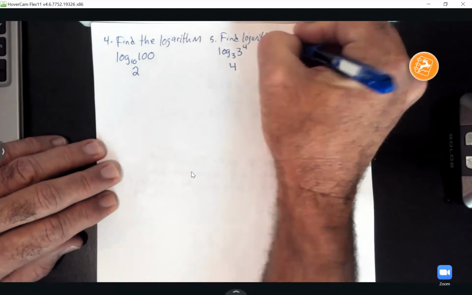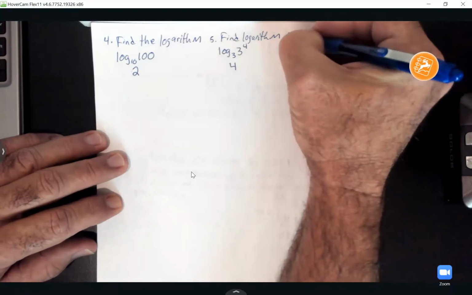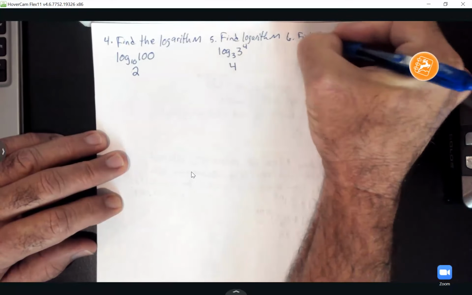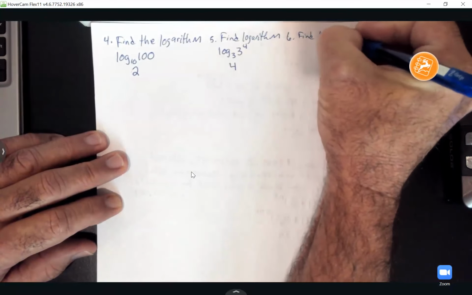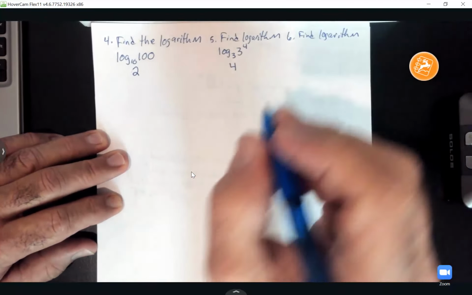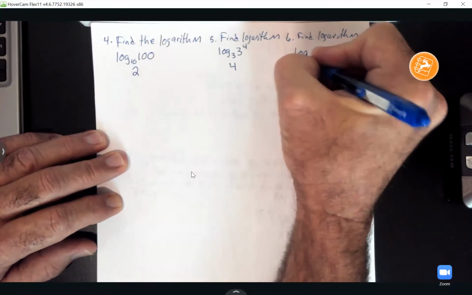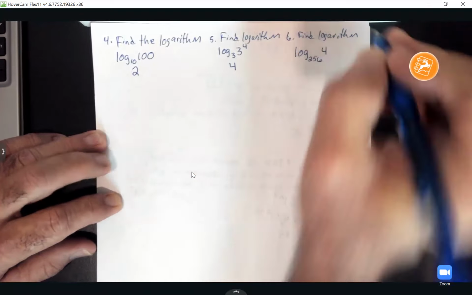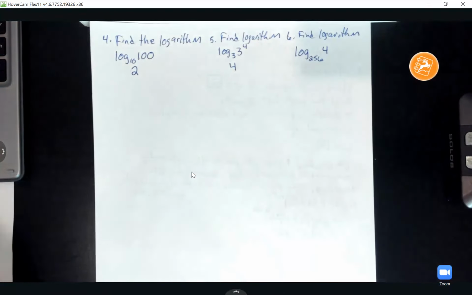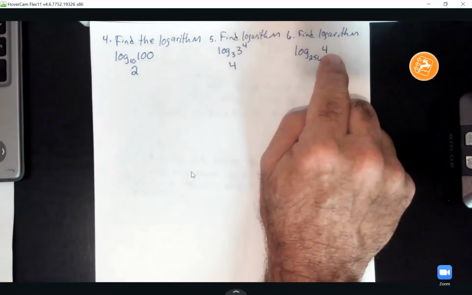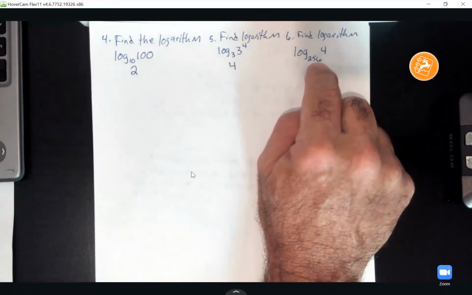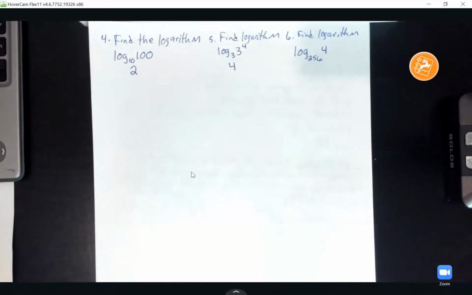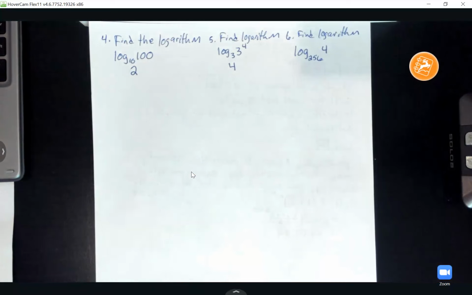All right, let me see. 6, find the logarithm again. So on 6, they got a log base 256 of a 4. Now, when your result is smaller than the base, you're going to get a fractional exponent, okay? So let's go punch that one in.